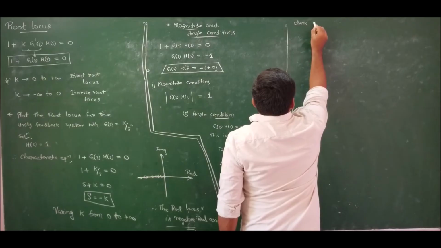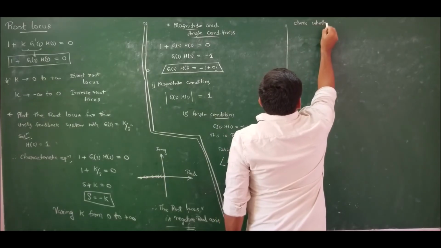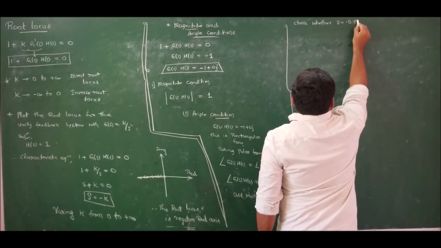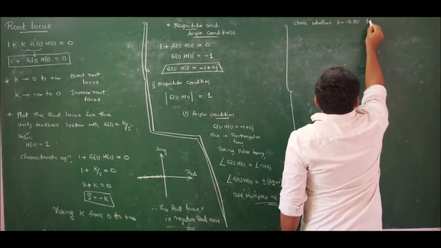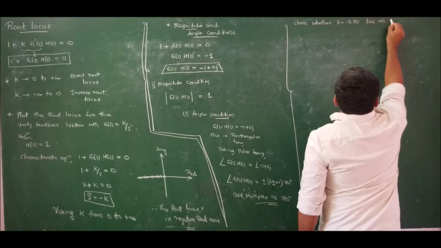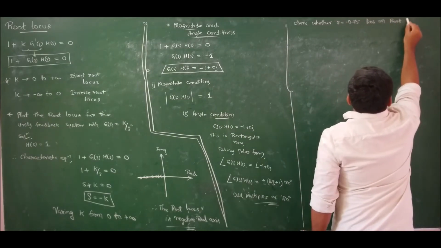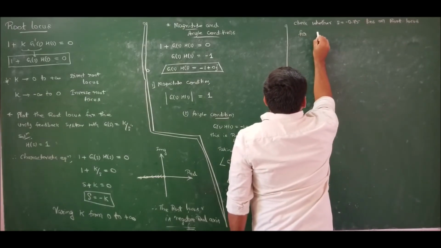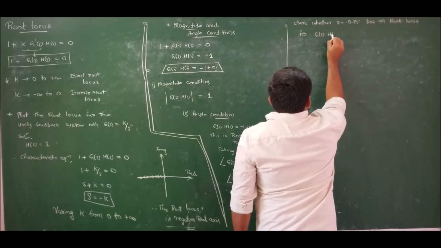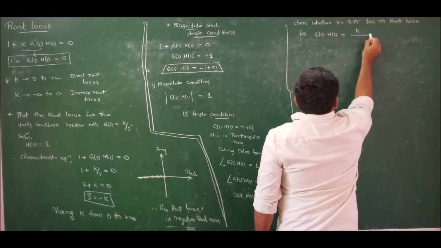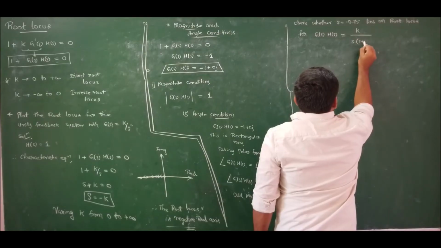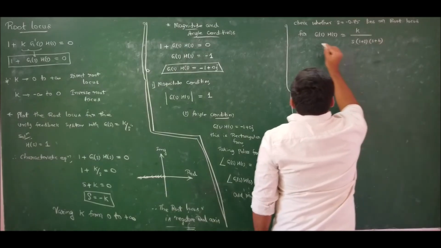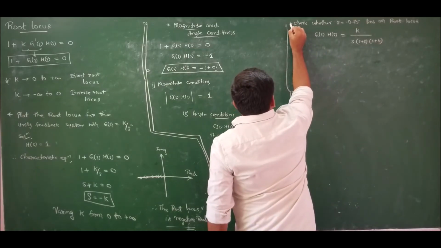Check whether s is equal to minus 0.75 lies on the root locus for G(s)H(s) is equal to K divided by s(s plus 2)(s plus 4).